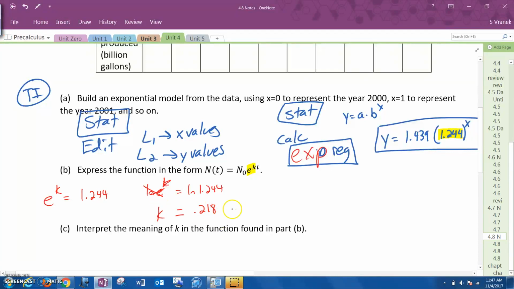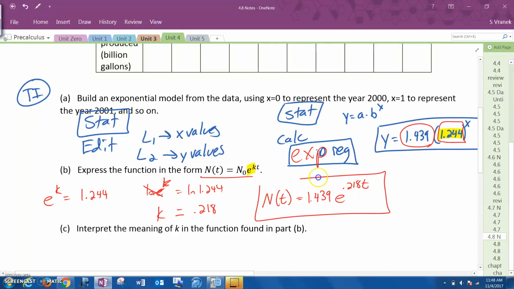So I have k. So now I can rewrite my model. My model that they want to write it like this is the number in terms of years is equal to the initial amount, which is still the a value from the calculator, so it would be 1.439. Then we have e to the 0.218. Again, e to the 0.218 should equal 1.244. It might not be exact because we've been rounding, but that's basically what we did, and then times t.